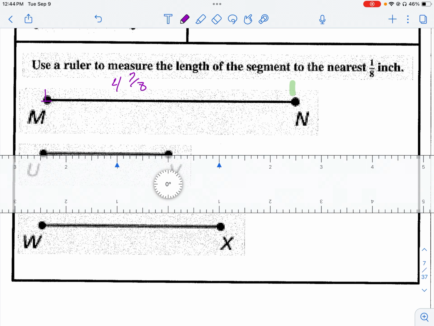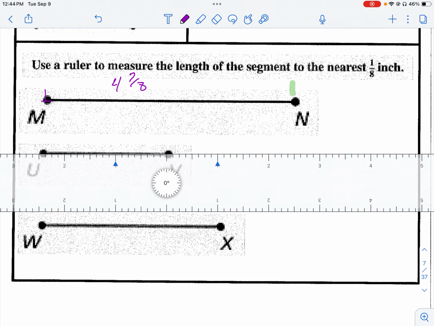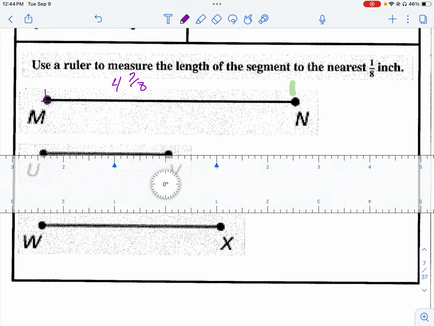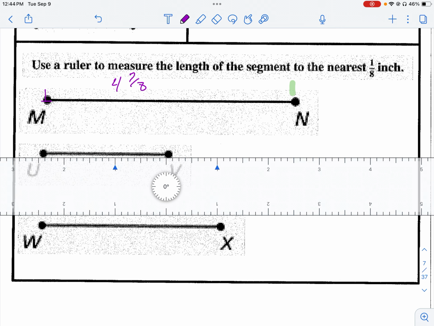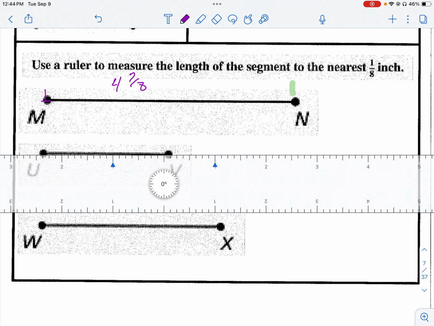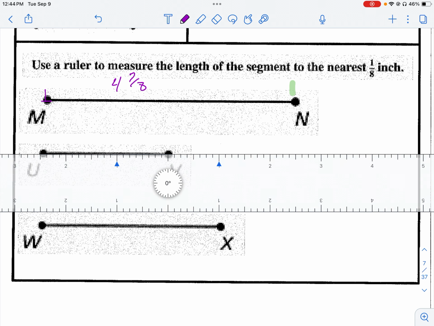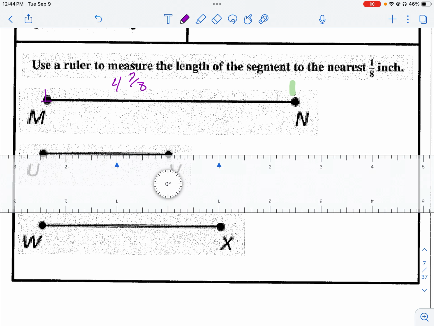Our next guy, we're going to go from the middle to the middle. And we're going to be 1, 2, quarter, to the middle. So right here is almost a 2.5.